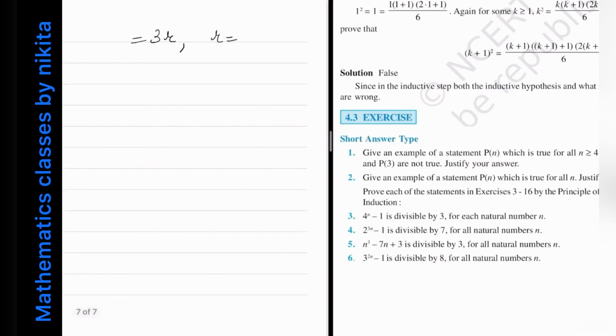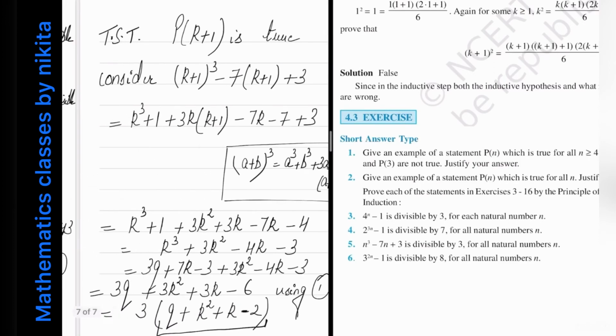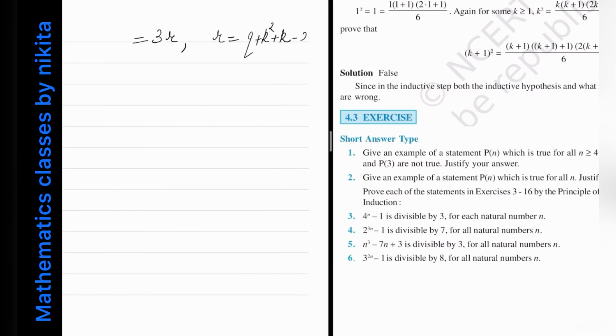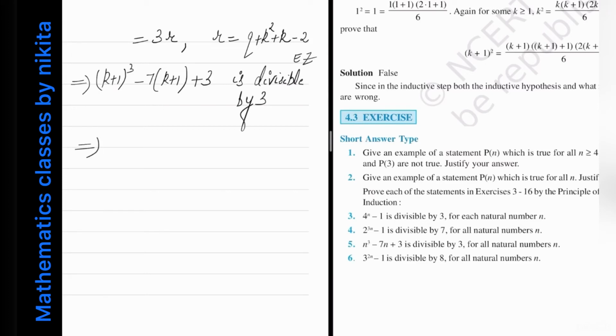q प्लस k स्क्वायर प्लस k माइनस 2 बिलोंग्स टू z. तो मेरे पास क्या आ गया, दैट दिस इम्प्लाइज दैट k plus 1 whole cube minus 7 times k plus 1 plus 3 is divisible by 3, and this implies that P of k plus 1 is true.